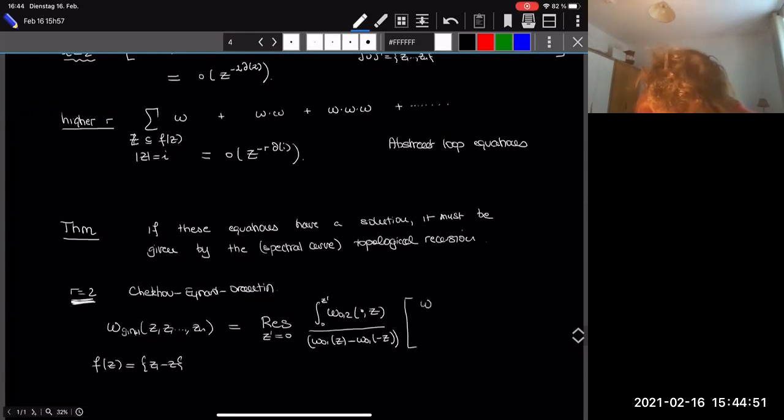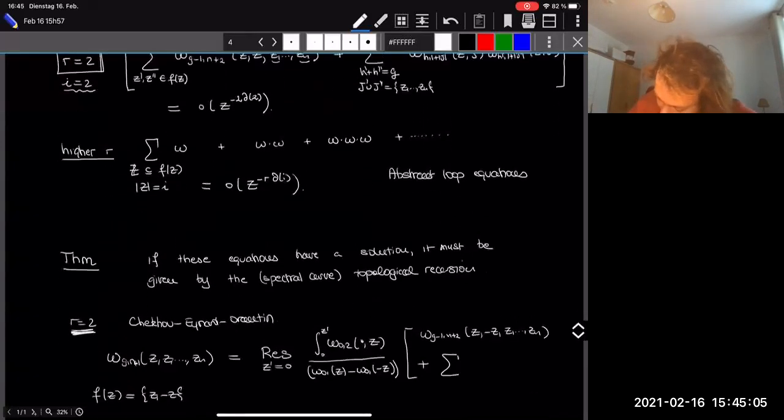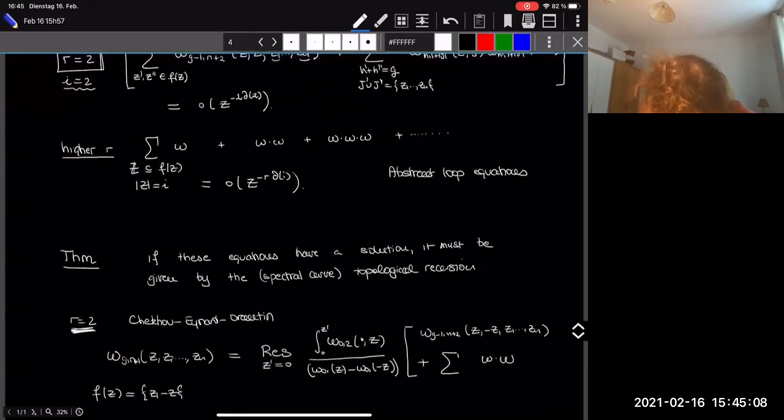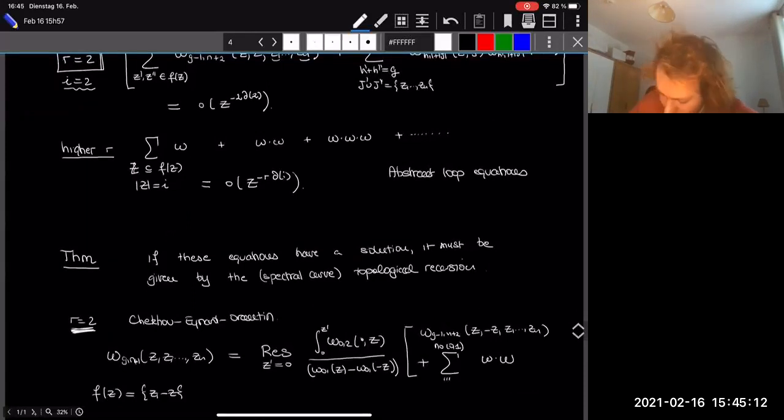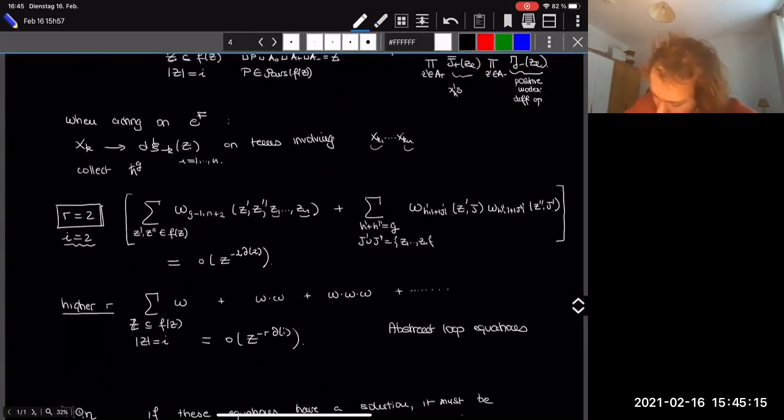And here you would see omega g minus 1, n plus 2, z, minus z, z1 ... zn. And exactly this sum, so I'm not going to write it, except that you don't want omega 0 1s. So here I could also have omega 0 1s. In that case, this contained something times omega 0 1 times omega g, n plus 1.